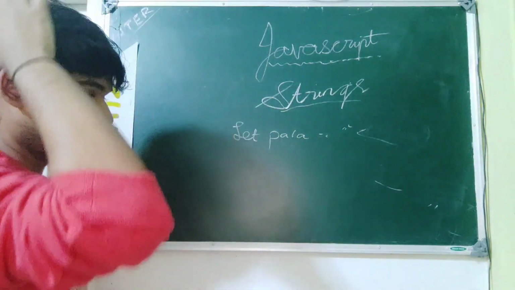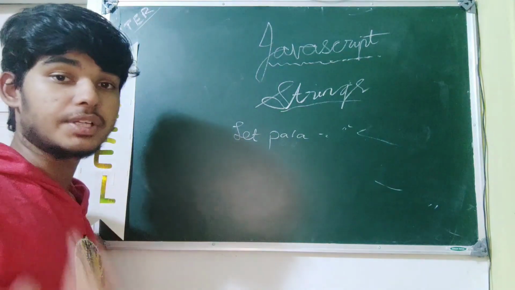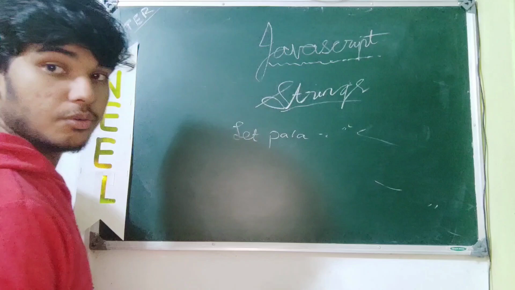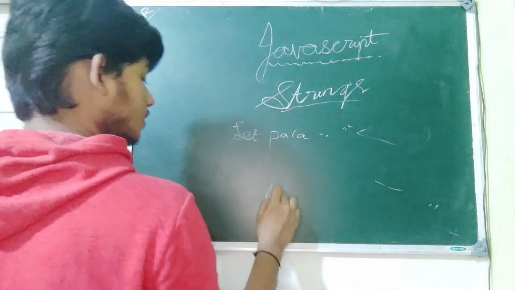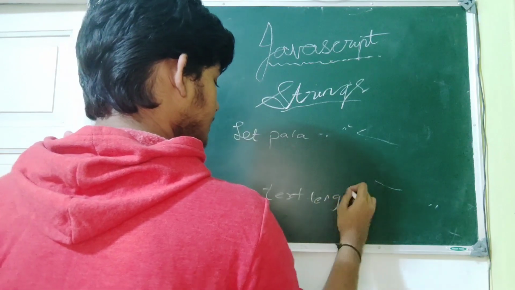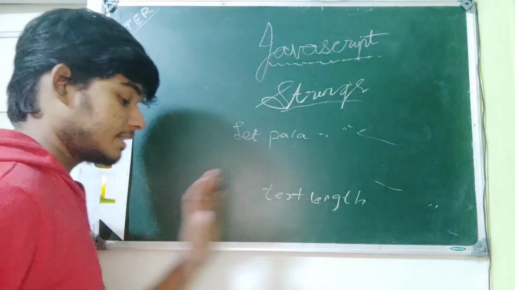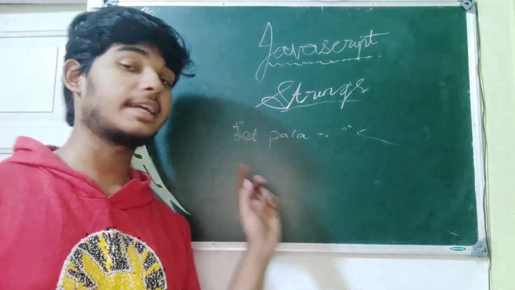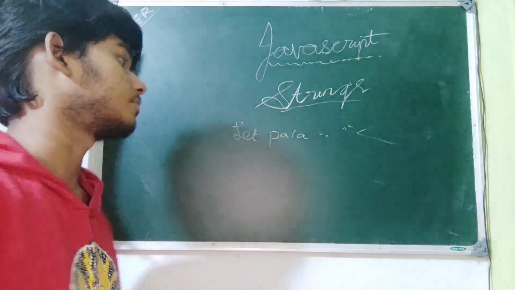Imagine you now want to find out the number of letters present in the string. In that case, you can use text.length. By using this command, we can figure out the number of letters that are present inside of the paragraph.